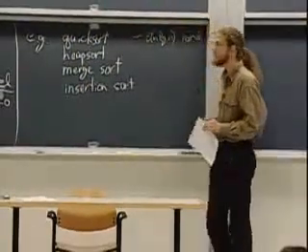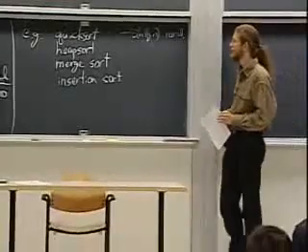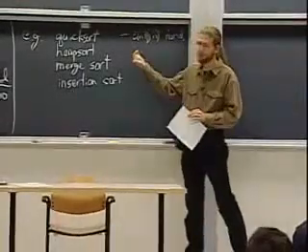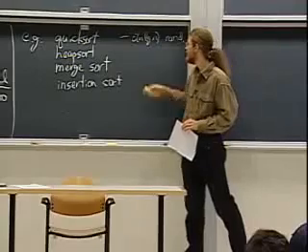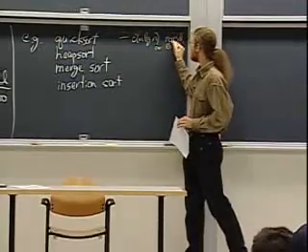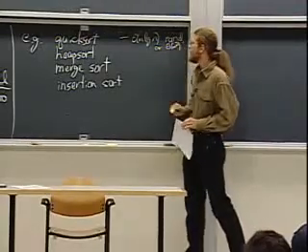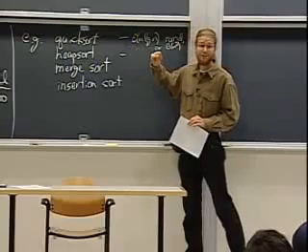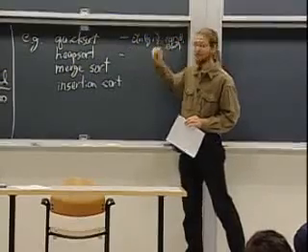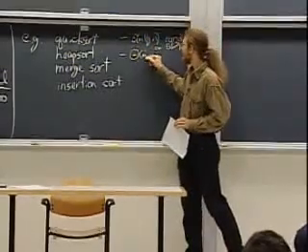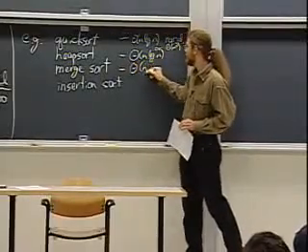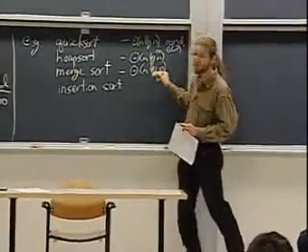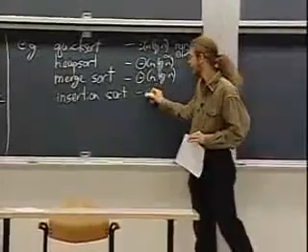And the worst case with plain old quicksort, where you just pick the first element as the partition element, that's n squared. Heap sort, what's the running time there? N log n, always. Merge sort, I hope you can remember that as well. And insertion sort, n squared.